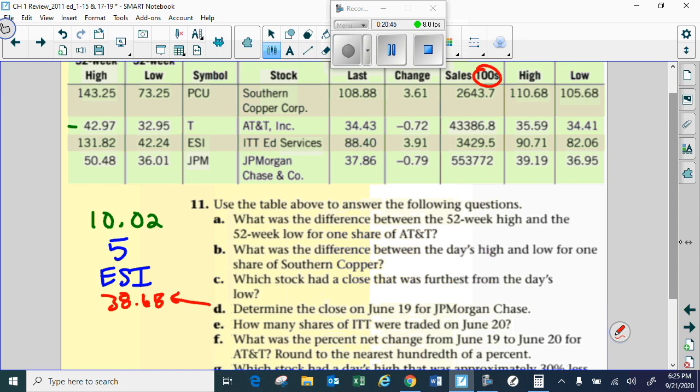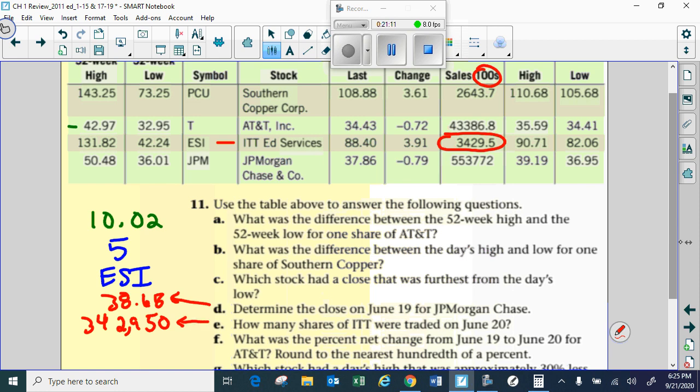Don't forget that you have to pay attention when it says hundreds or thousands, for example. It's usually one of those two. ITT is this one. So I take this number and multiply it by 100, which means move the decimal place 2 places to the right. So we have 3, 4, 2, 9. Now 2 places to the right, it'll be 5 and a 0. 342,950.